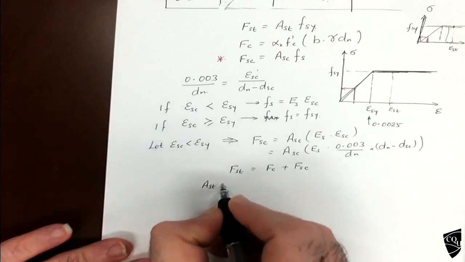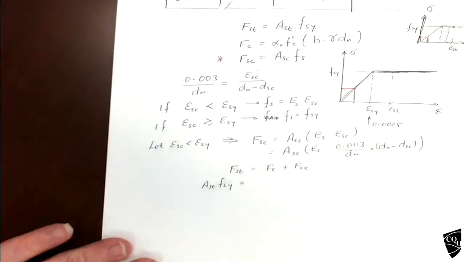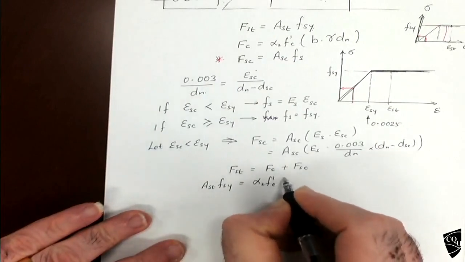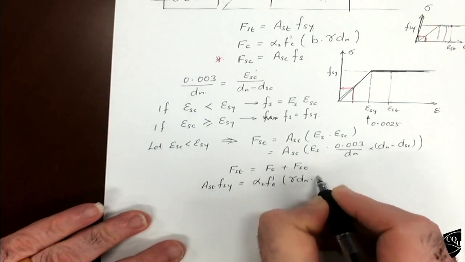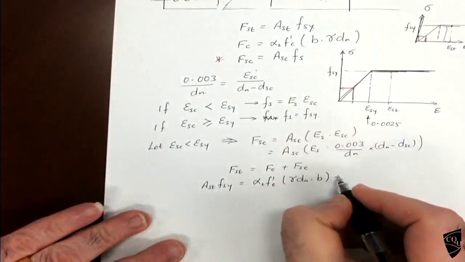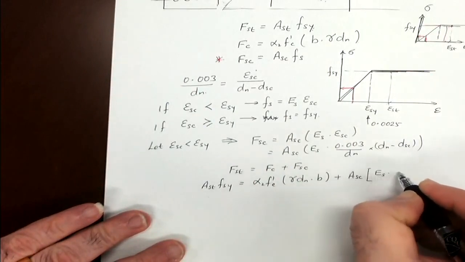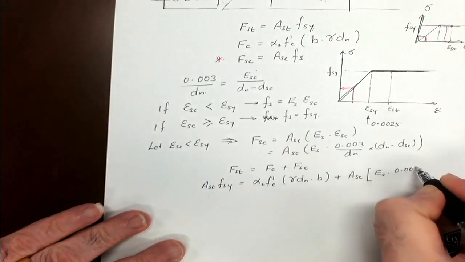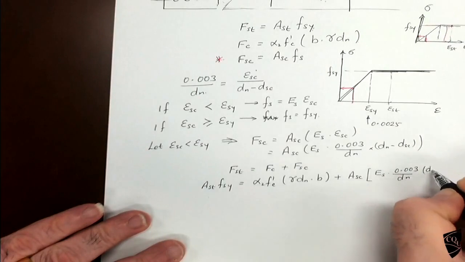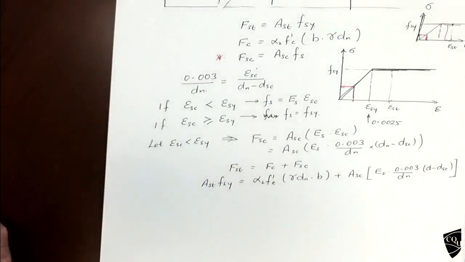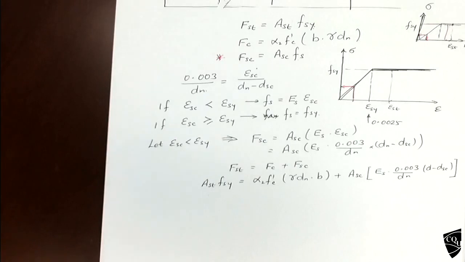This is Ast Fsy equals alpha 2 f'c gamma dn times b plus Asc Es. Is it clear?